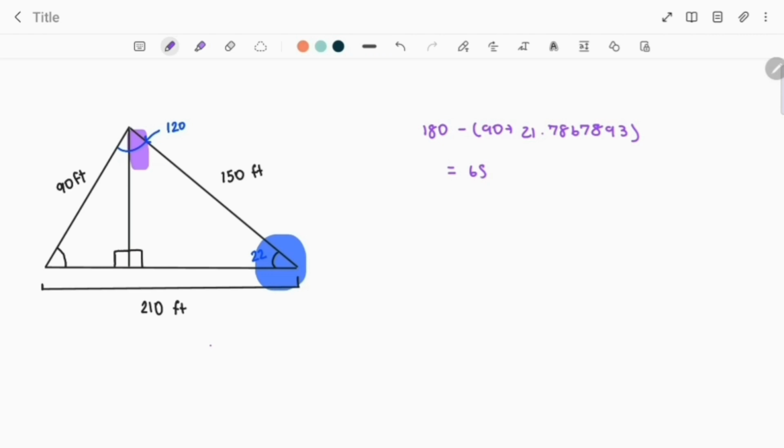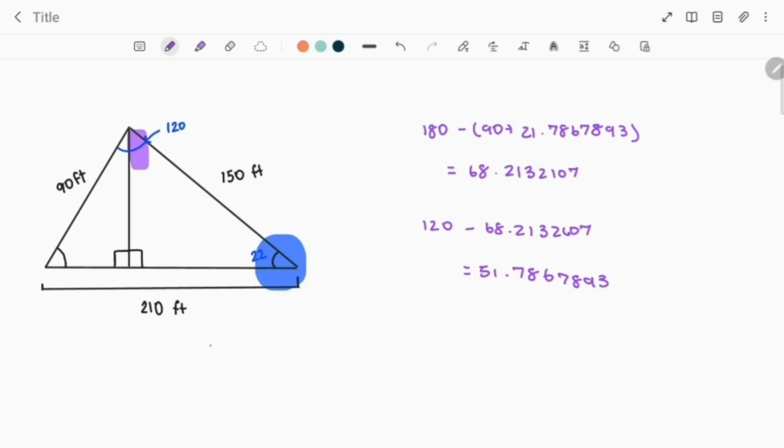And we get that the top angle is 68.2132107. Now we're going to do 120 minus 68.2132107 to find that second angle, which turns out to be 51.78678893.